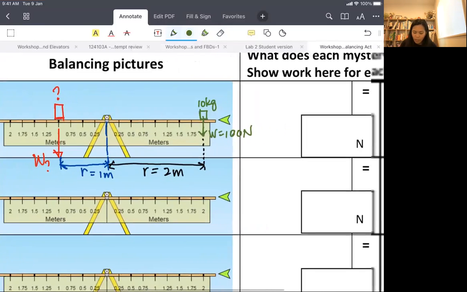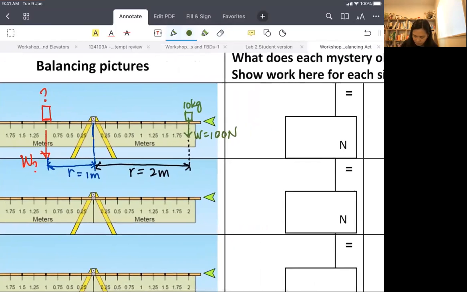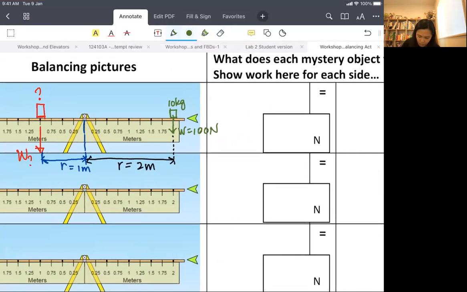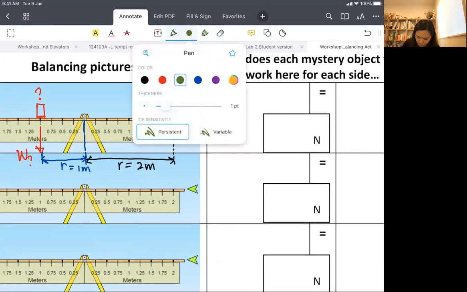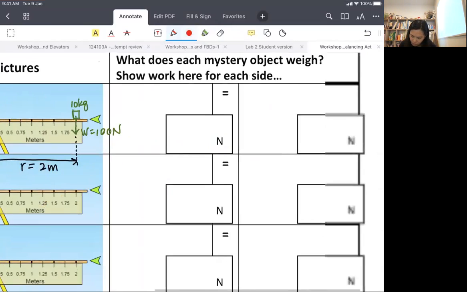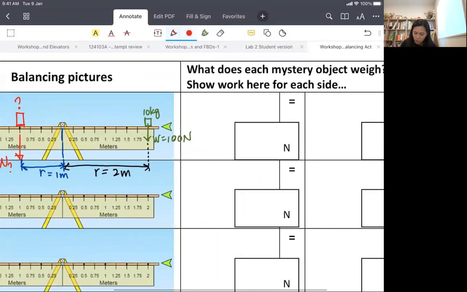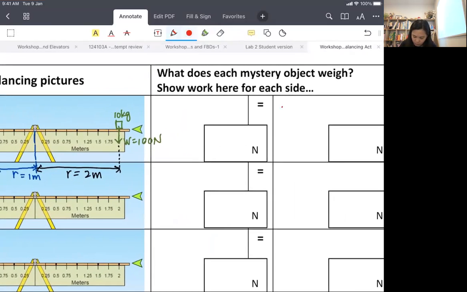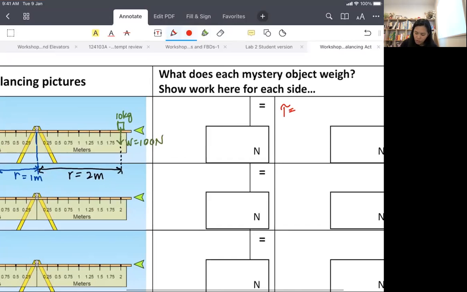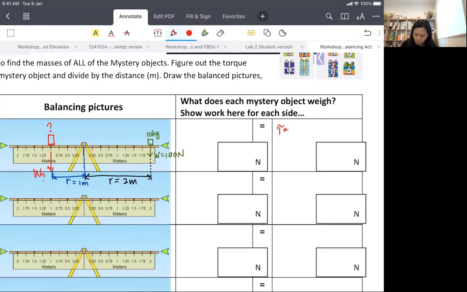Right. So when you calculate the torque, yeah, the torque due to the 10 kilogram one, torque is equal to your lever arm 2 meters times 100 newtons, that's 200 Newton meter.